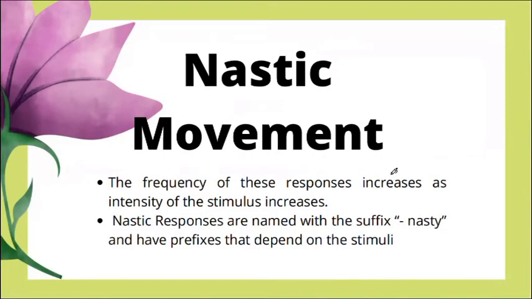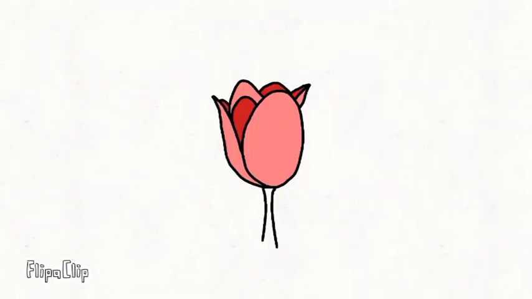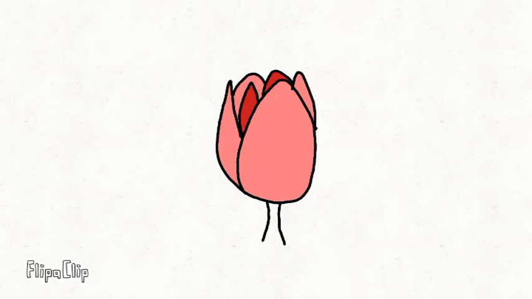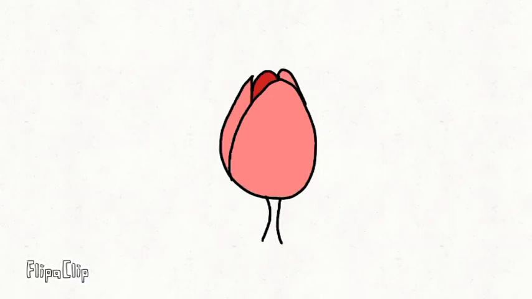Another type of plant movement is nastic movement. In nastic movement, the magnitude of the response increases as the intensity of the stimulus increases. Nastic responses are named with the suffix nasty and a prefix that depends on the stimulus. An example of nastic movement is the opening and closing of flowers, known as a photonastic response.